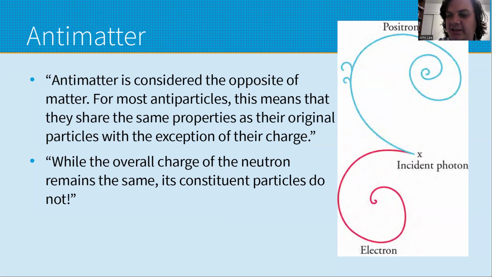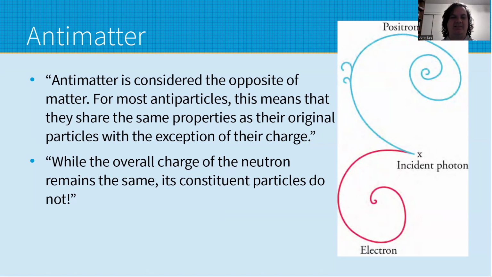for some reason, which we're not sure of, there is significantly less antimatter in the world than there is regular matter. We're not sure why that is, because there isn't a really good physical reason for that to happen.